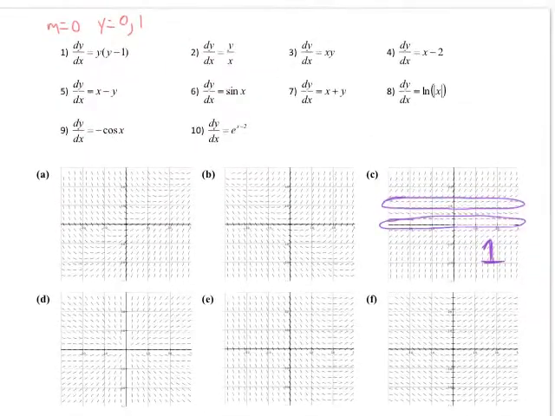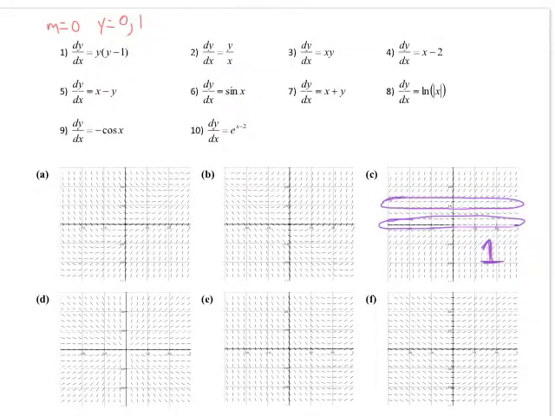Going back up to the list, on the second one, we have a 0 slope when y is 0, and our slope is undefined when x is 0. Another way to think of that is we have a vertical slope when x is 0.